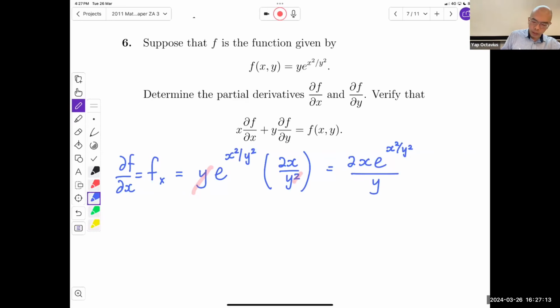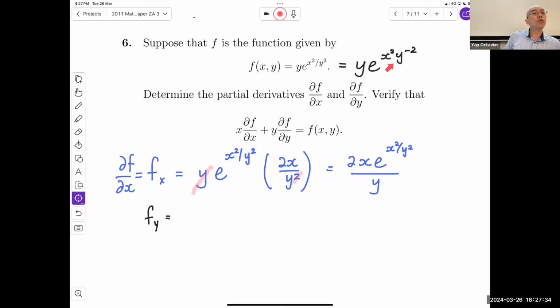Now the next one is harder. Let's see how. We want to use the product rule now, so y is the variable. Maybe it's better to write it like that, because in this way we can differentiate it better. I brought the y squared up to the numerator. Keep the y, differentiate the exponential function.